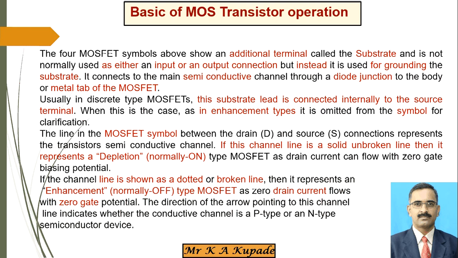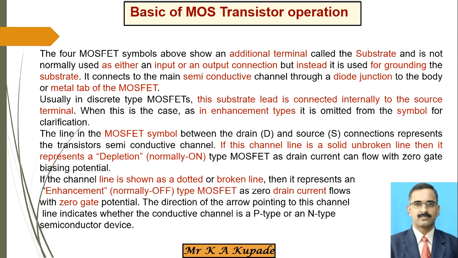The line in the MOSFET symbol between the drain and source connection represents the transistor's semiconductive channel. If this channel line is a solid unbroken line, then it represents depletion type, and the MOSFET drain current can flow with zero gate biasing potential. That is considered the normally on condition.